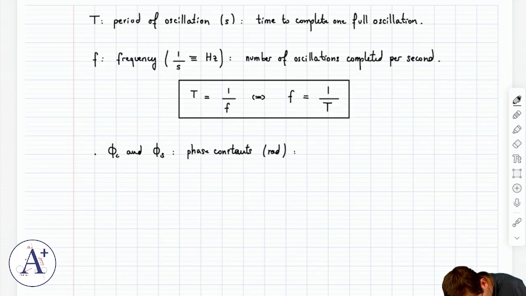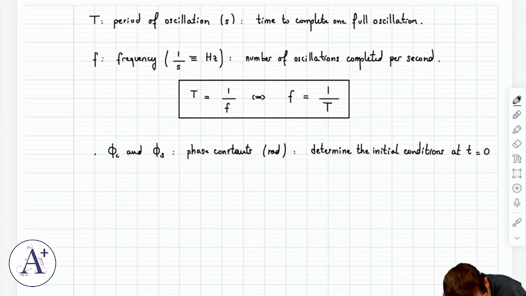And they determine the initial conditions at t equals 0. That is the position and the velocity of the oscillator at t equals 0.